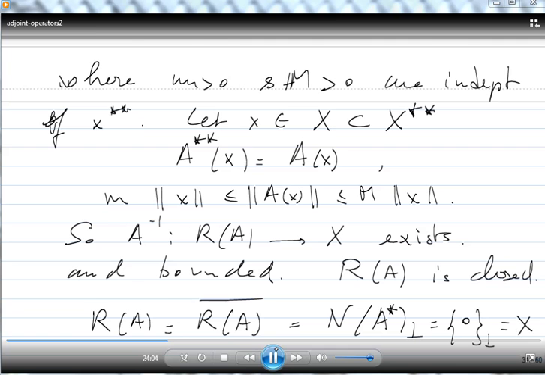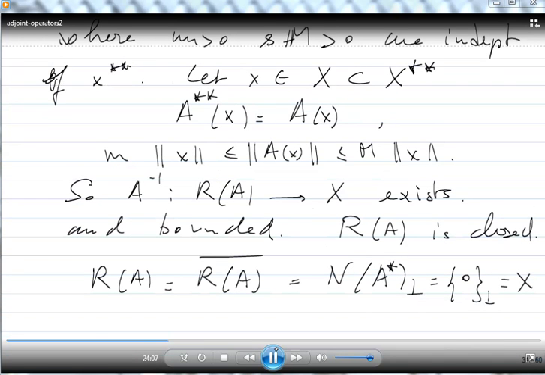So in other words, our inverse here, A inverse, is not only defined from R of A into Y, but, what am I saying? This is X. Okay?